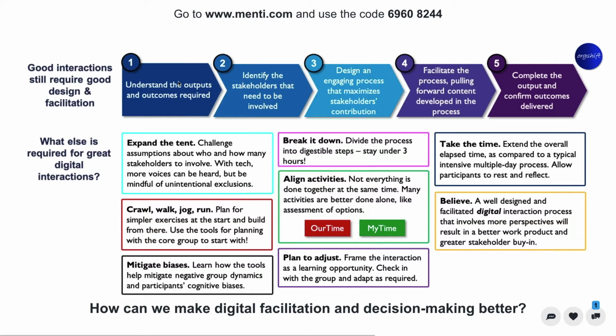You need to understand who's involved. You want to design an engaging process that maximizes people's ability to contribute. Then you need to facilitate the process, pulling that content forward, and then deliver the outcomes. But that's not sufficient. It's necessary, but it's not sufficient in my view for delivering great digital interactions.